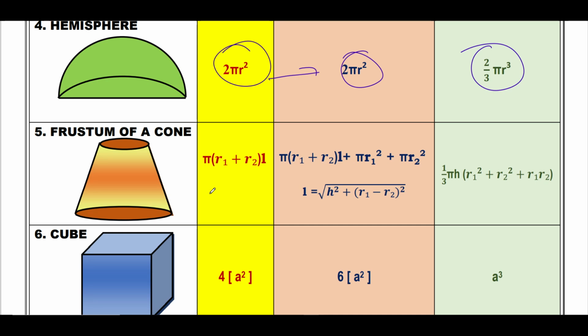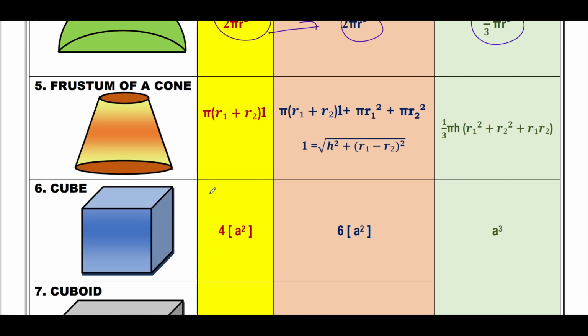Frustum of a cone, definitely you can expect a question on this. CSA of frustum of cone is pi (r1 plus r2) L, where L is the slant height. The slant height of the frustum of cone is given by formula L equals square root of h square plus (r1 minus r2) square.